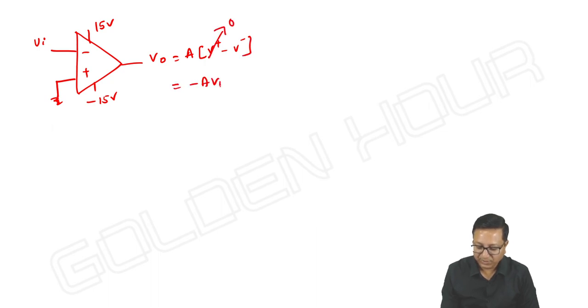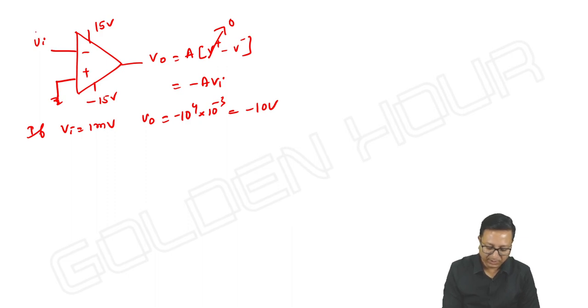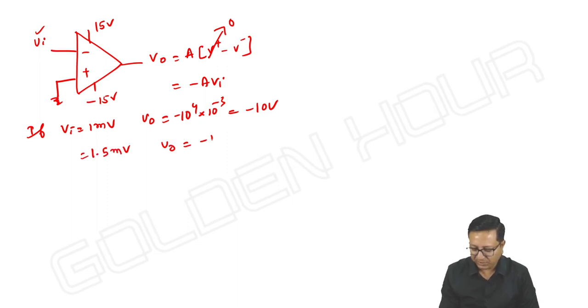It is minus A into Vi. Okay. Suppose my input is equal to 1 millivolt, the corresponding output is minus 10 power 4 into 10 power minus 3, minus 10 volts. Yes, input is positive, the corresponding output is negative. We are applying signal to the inverting terminal. So next 1.5 millivolt, the corresponding output is minus 15 volts.